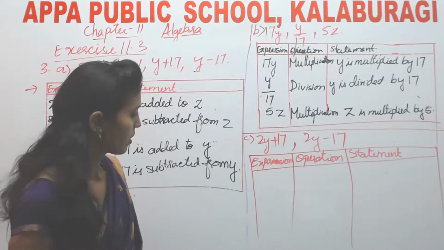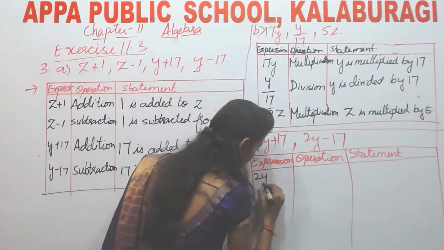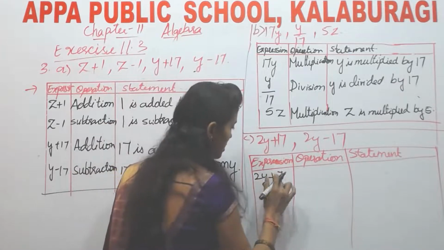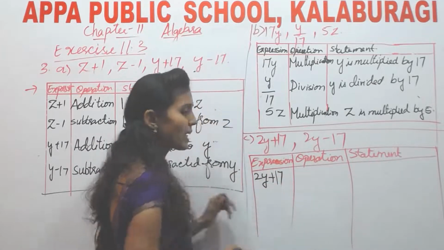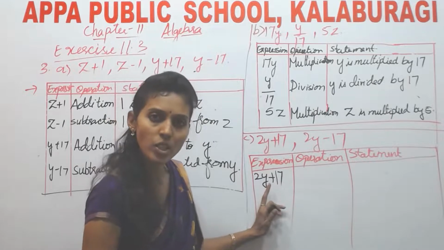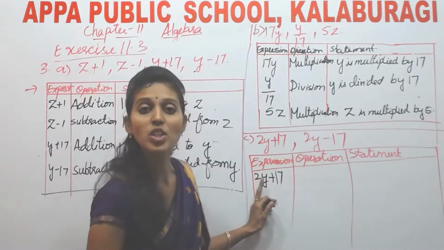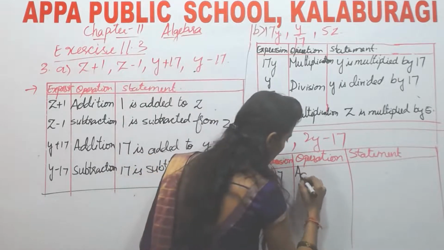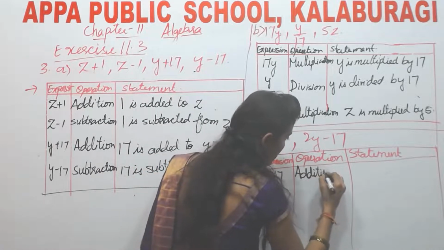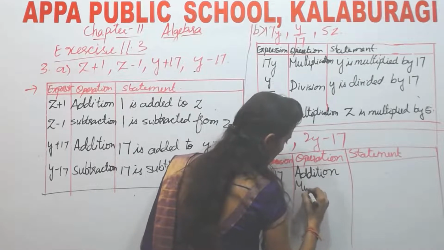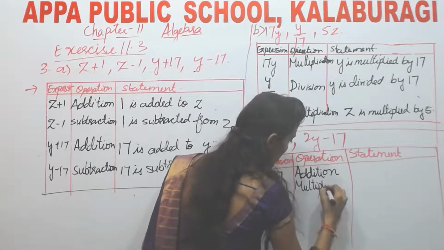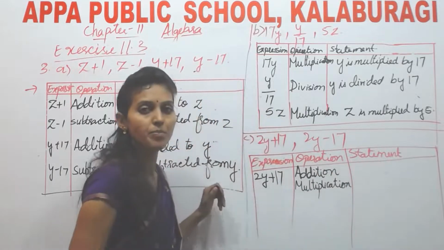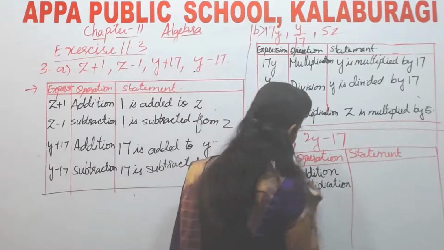See, here, what is the operation? Is it only addition? No. Multiplication is also there. So two operations happen: addition and multiplication. Then the statement.